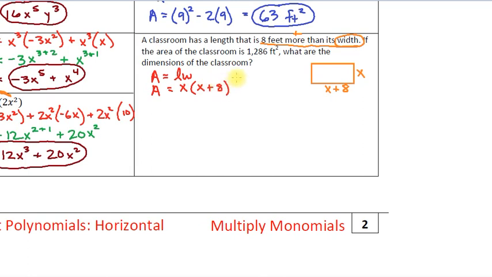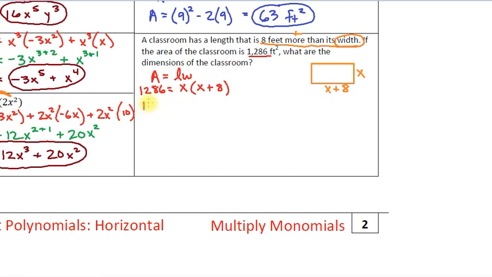Okay. So here's our equation for the area of this, but there's one difference. It's telling us that the area of this classroom is 1,286 feet squared. So we can take this area away, and we can write in there 1,286. Let's rewrite this.